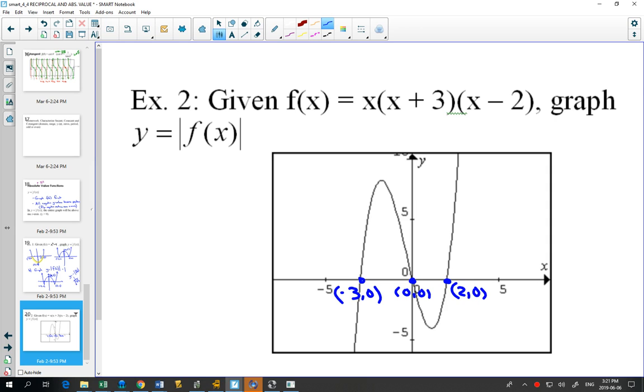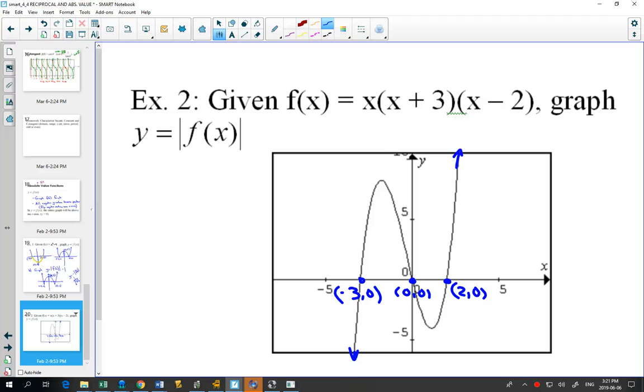And you would have known this was a positive x cubed graph, so its end behavior acts like a line with a positive slope. What's going to happen when you do the absolute value of this?